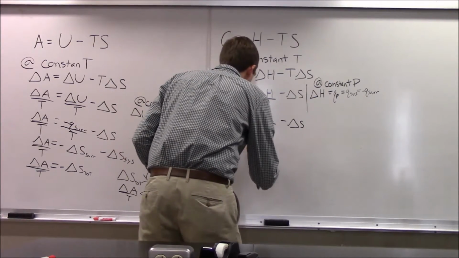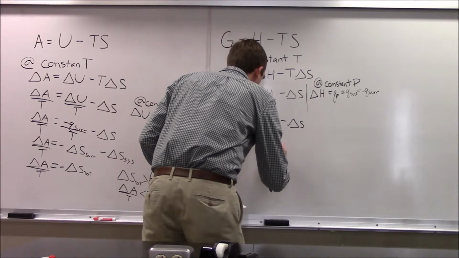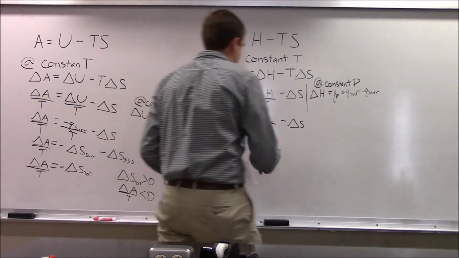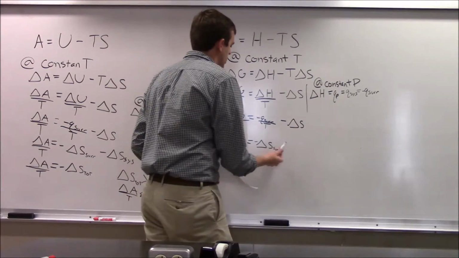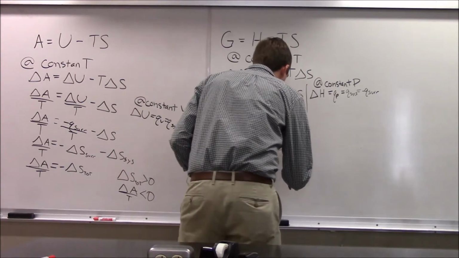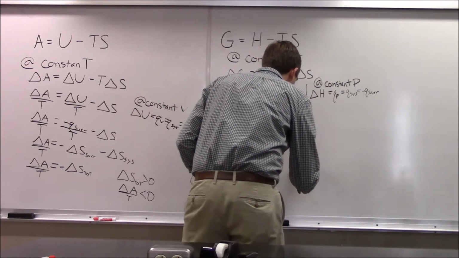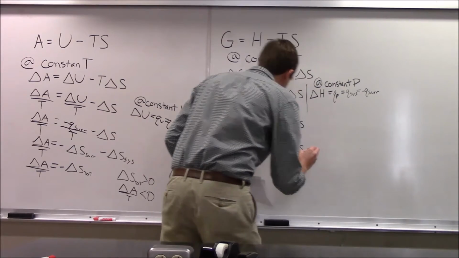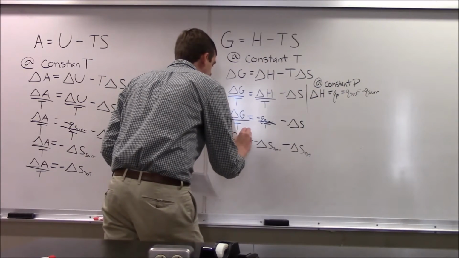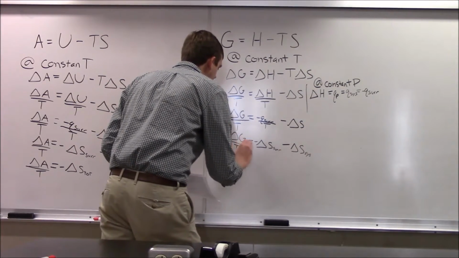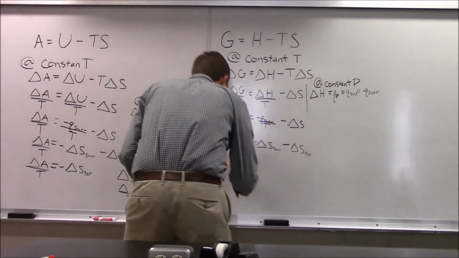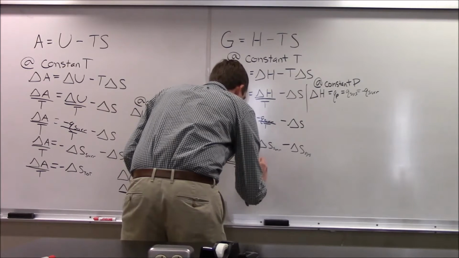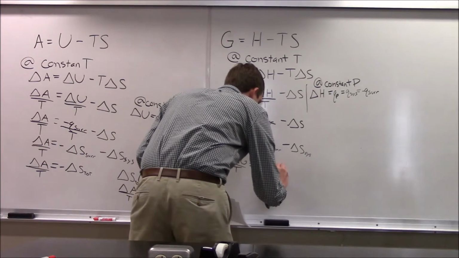Once again, this is the same thing as saying the negative entropy change of our surroundings, and subtracting off the entropy change of our system, is equal to delta G over T. Once again, this is equal to the negative of the total entropy change.